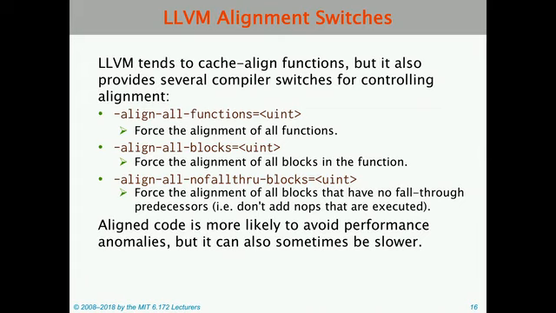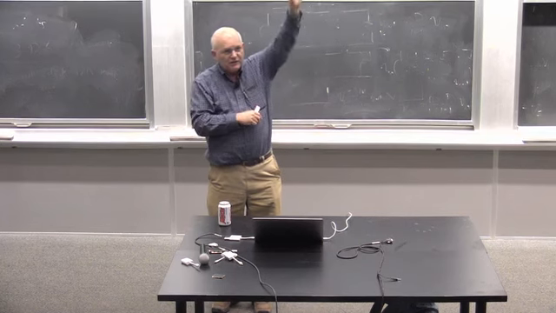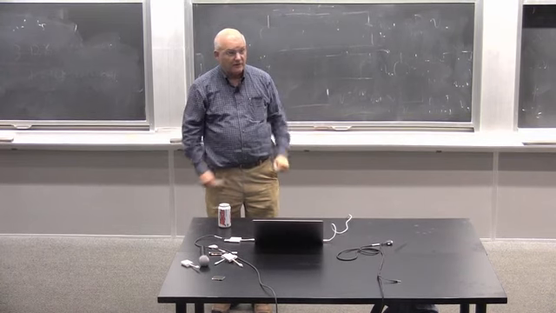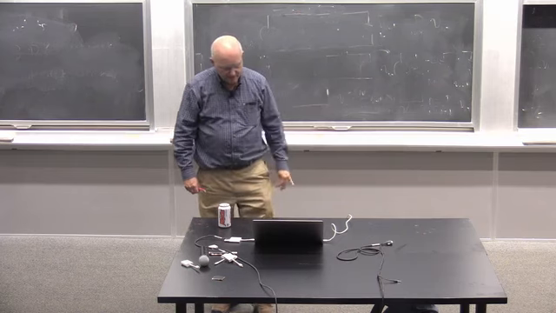I don't know that for a fact, but you can give the switch anyway, which will help if I'm wrong. That forces the alignment of all functions, so all functions start on a cache line. That way, if you change one function, it won't change the cache alignment of another function.